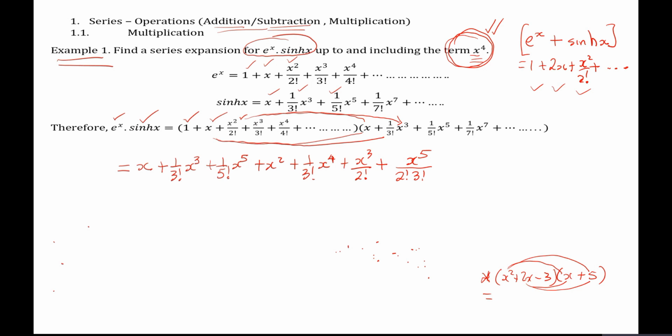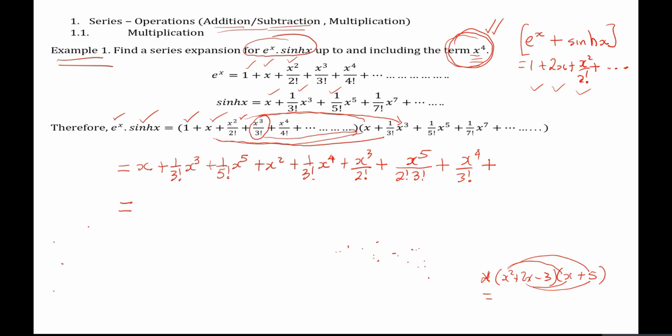So I'm going to stop there with x squared over 2 factorial. Now I'm going to take x cubed over 3 factorial and distribute that. Multiplying that by the first term x, I'll get x to the power 4 over 3 factorial. And I'll stop there because every other term after that will be a power greater than 4. And we only need to stop at the term x to the power 4.